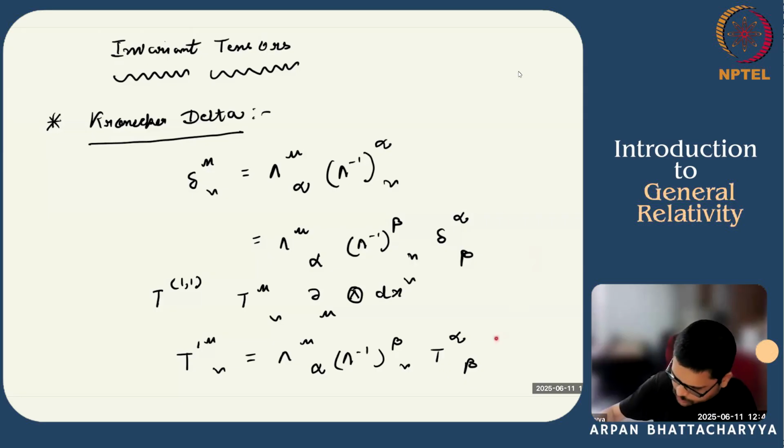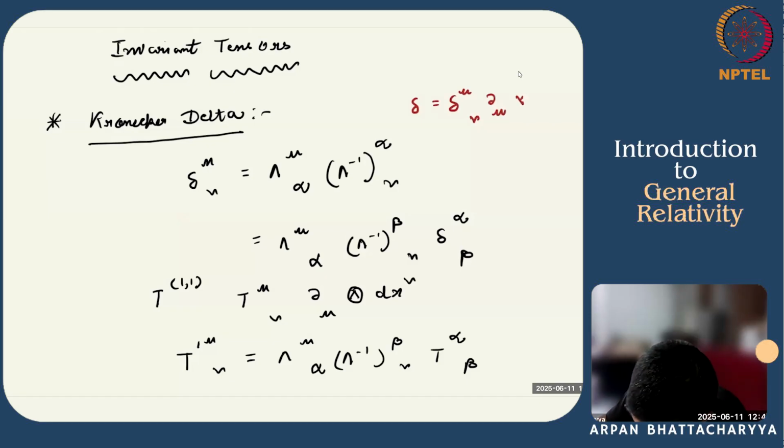If you compare this, you can identify that these are nothing but components of a (1,1) rank tensor, and not only that, the components remain invariant under Lorentz transformation. You can see that you get back the same component after doing a Lorentz transformation. So let's formally write it down: the Kronecker delta here, the (1,1) rank tensor component we denote by delta, and it's an invariant tensor.